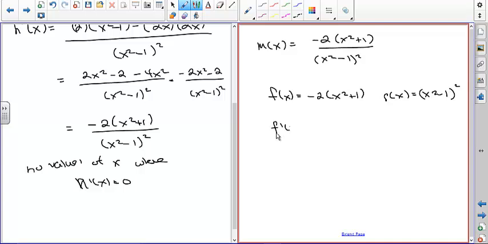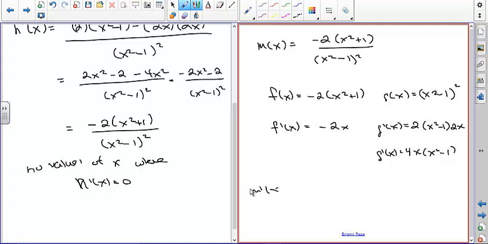So f prime of x equals -2x. And for g prime of x, I'm going to use the chain rule and leave it factored. So you're going to have 2 times x squared minus 1: take the exponent, reduce it by 1, multiply by the derivative inside the parentheses. So g prime of x is going to be 4x times x squared minus 1.